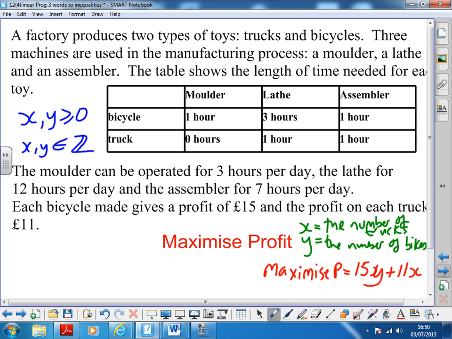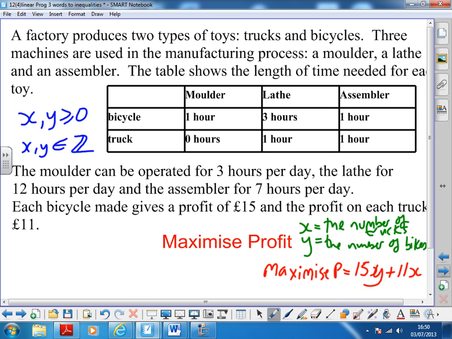Well, we've got a table. So the bike is taking 1 hour in the morning, 5 hours to make. An hour in that, 3 hours in that, 1 hour in that. Truck just 2 hours. So the moulder is only needed for the bike. So for each bike, we need 1 hour in the moulder.